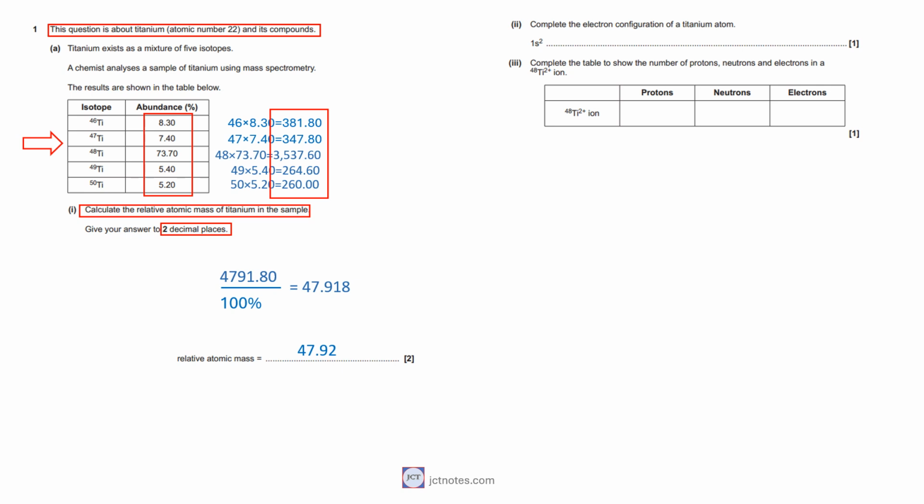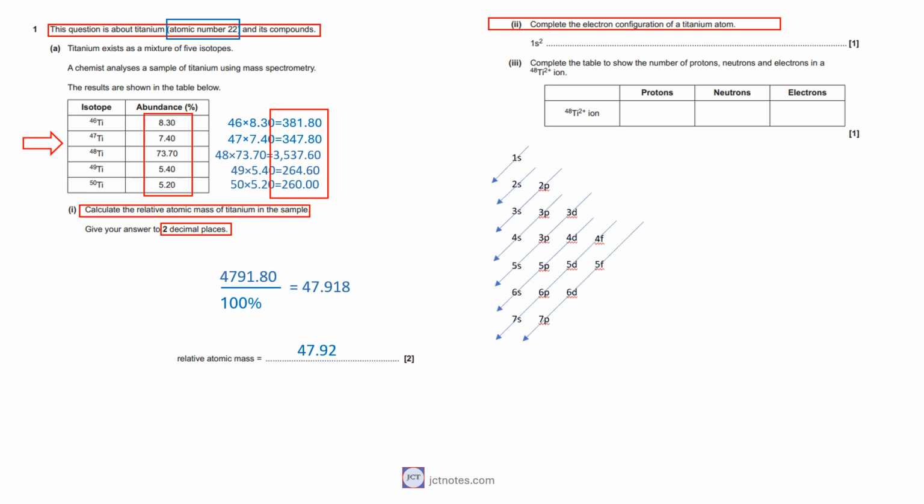In the second question, we are asked to complete the electron configuration of a titanium atom. We are given the first term as 1s2. As the atomic number, that is the number of protons, is 22, the neutral atom has 22 electrons and the electronic configuration can be filled by using the energy level diagram with these 22 electrons.